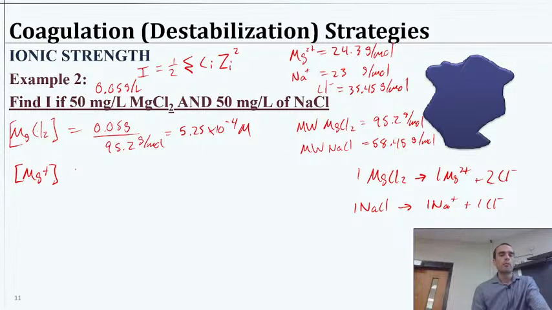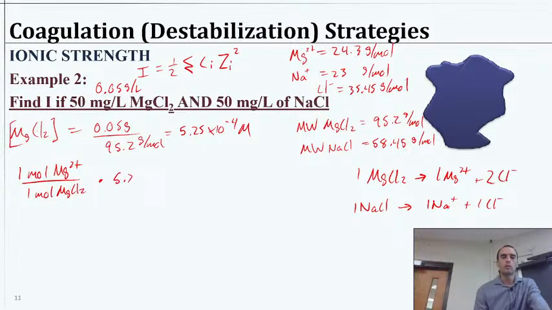by the way, if you really are feeling uncomfortable with this, you could do an equation to say 1 mole of Mg2+ divided by 1 mole of MgCl2 and multiply this by 5.25 times 10 to the minus 4th moles per liter of MgCl2.